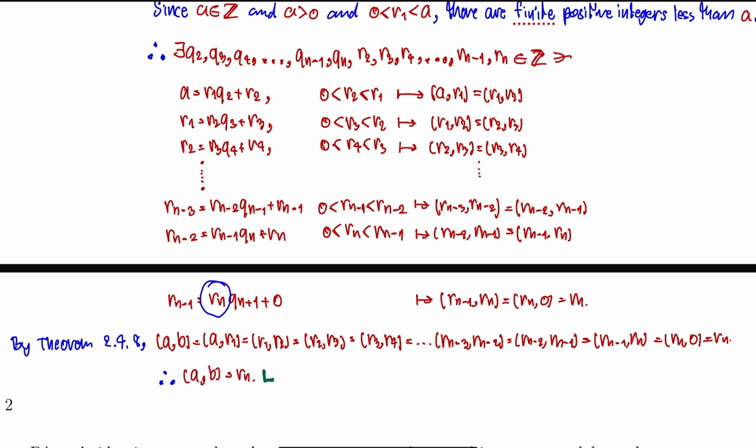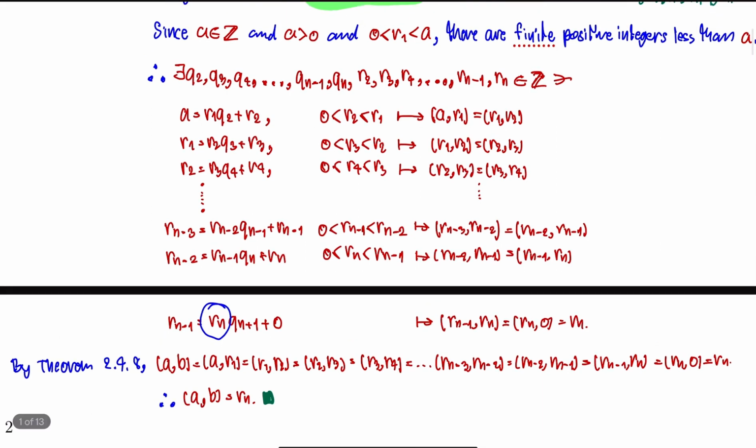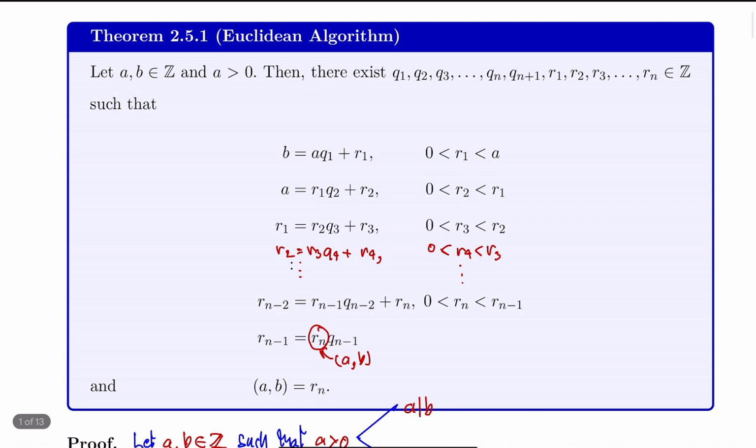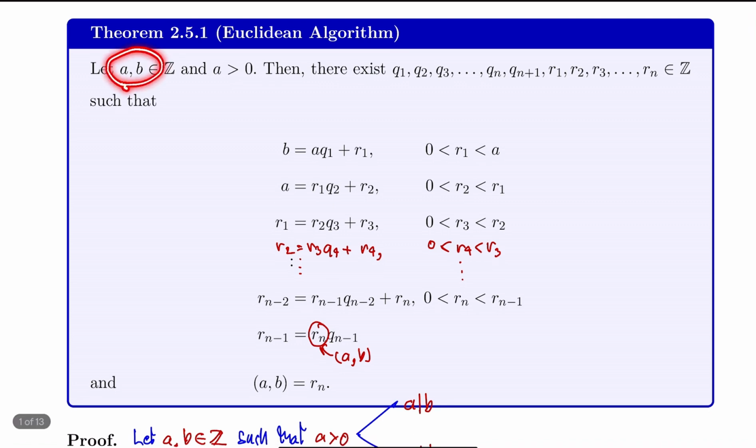Okay, so we have the proof of Euclidean algorithm already. If you want to find the greatest common divisor of A and B, you start with dividing one of these numbers by the other, so that once you have the new remainder, you use the new remainder to divide the divisor.